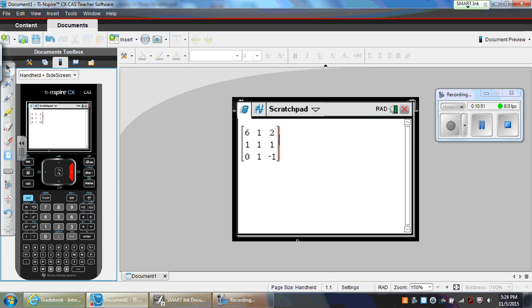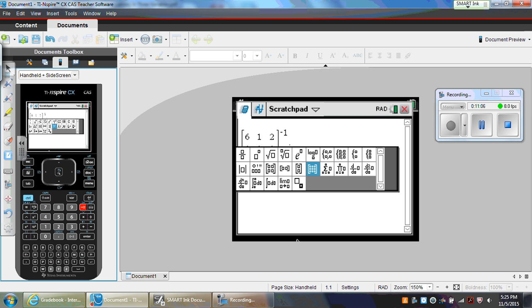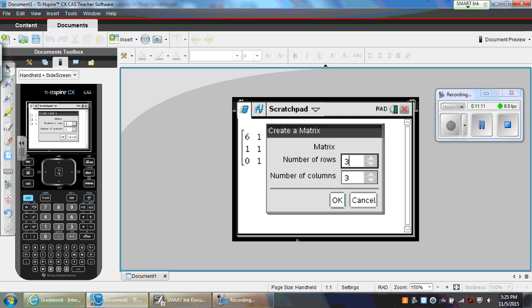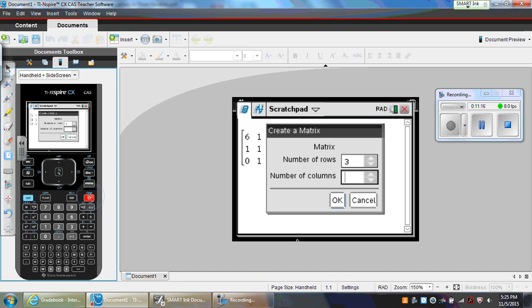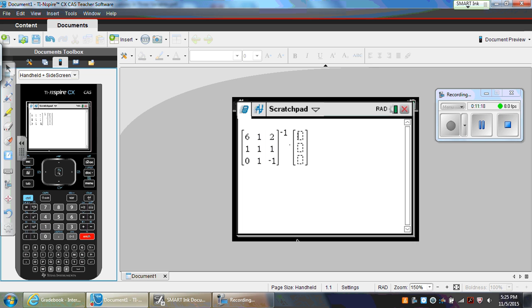We need the inverse of that, so make sure you enter something like this. You will need the negative sign, which is below number 3, and then times the constant matrix, which is a 3 by 1. So what I'm going to do is select 3 rows, but only 1 column: 37, 10, negative 1.